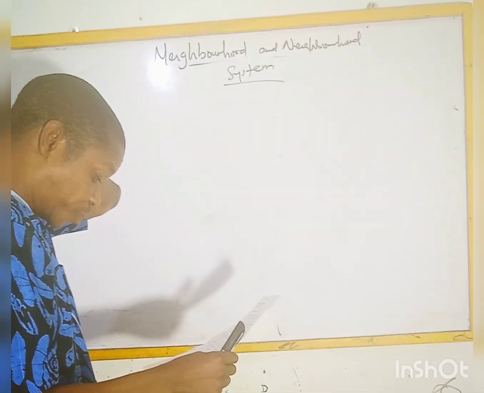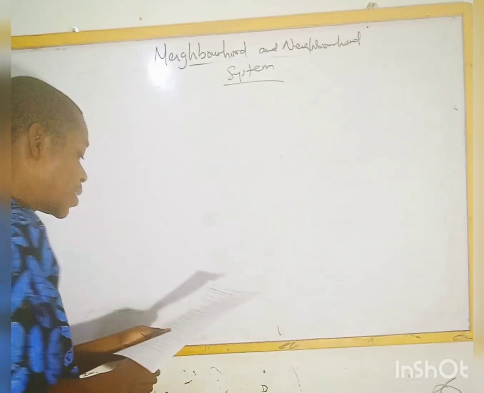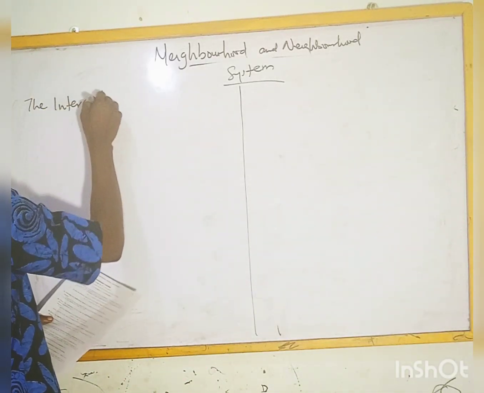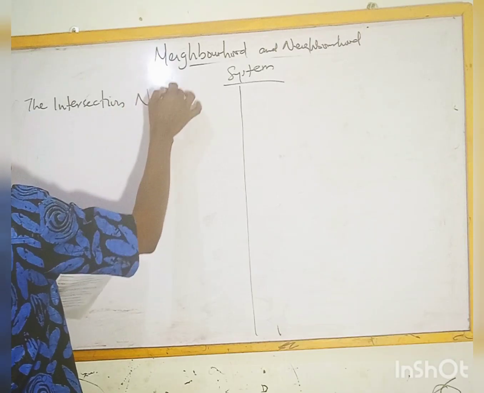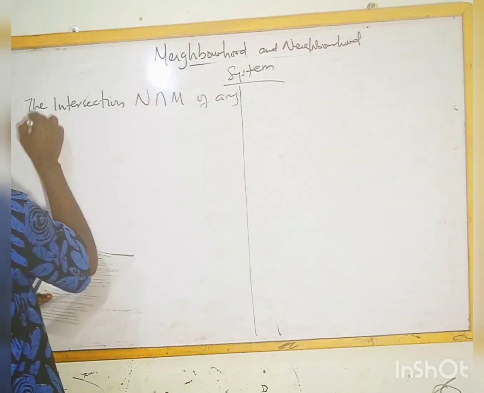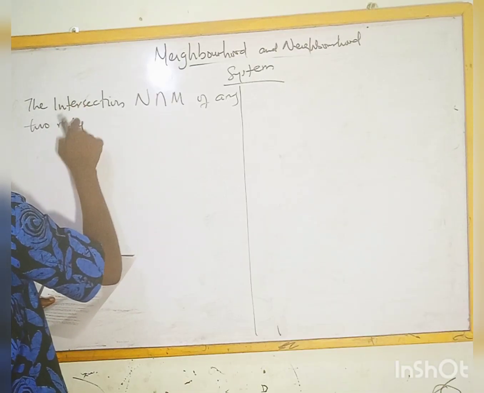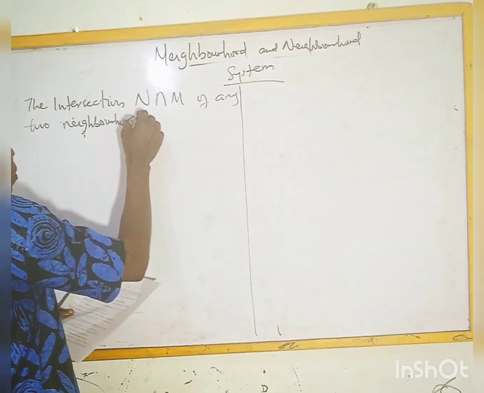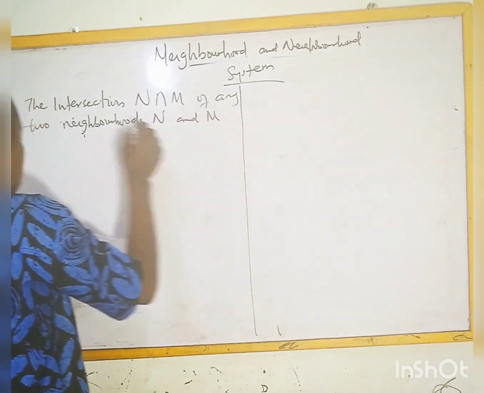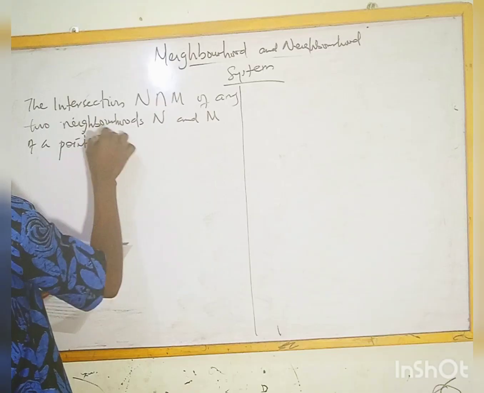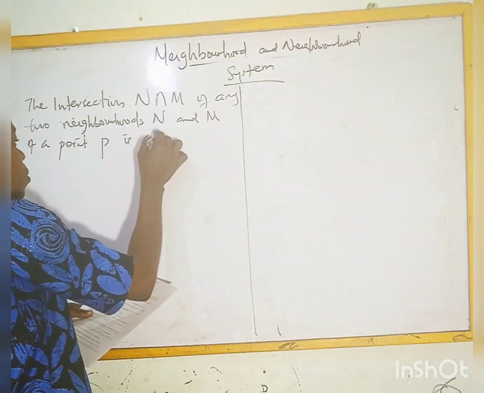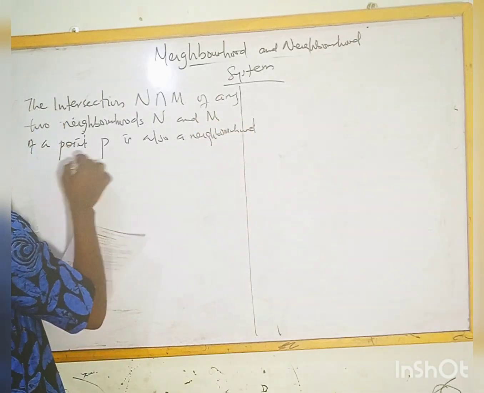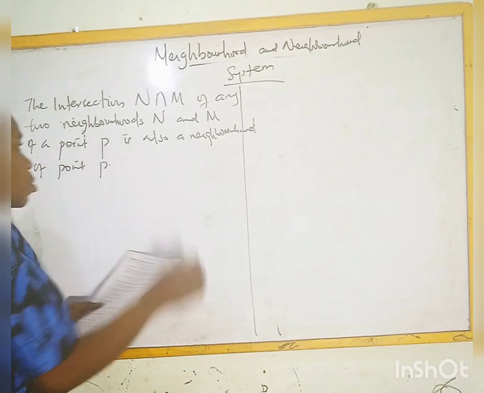This one says that the intersection of any two neighborhoods N and M of a point P is also a neighborhood of point P.